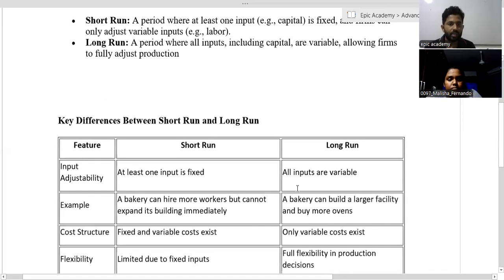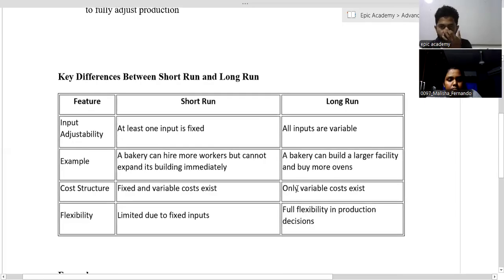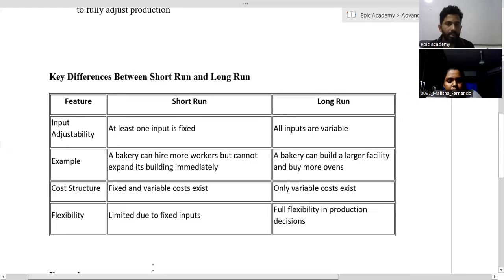So the key differences between those two major topics. First one is input adjustability. In the short run, at least one input is fixed. In the long run, all inputs can be variable.